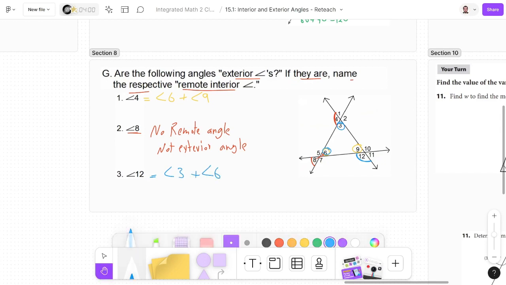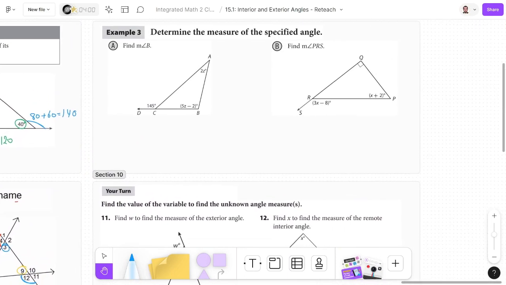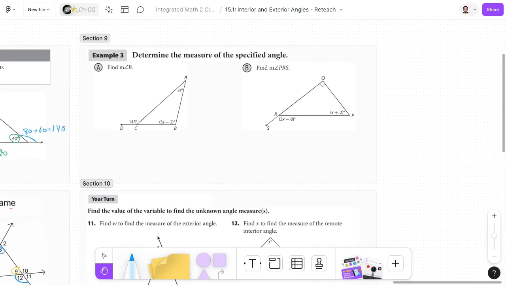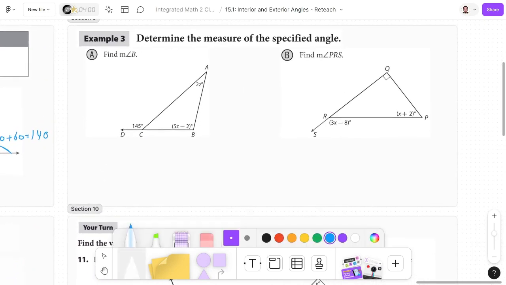Now let's take more examples. Let's do these last two examples, then I'll give you exercises. Let's start with this question. Determine the measure of the specified angle. As you can see here, this angle is the exterior angle. Which two angles are remote to this one?